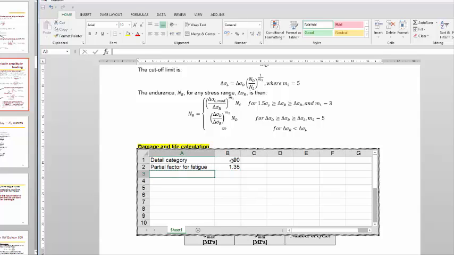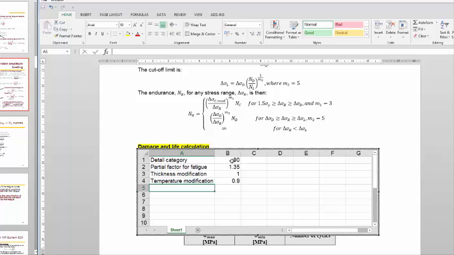Then we had the thickness modification factor, and that was 1.0 in this case. We had the temperature, and that was 0.9, if you remember correctly.